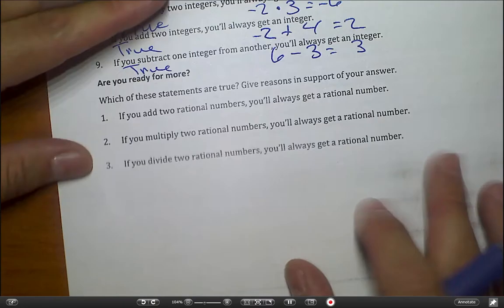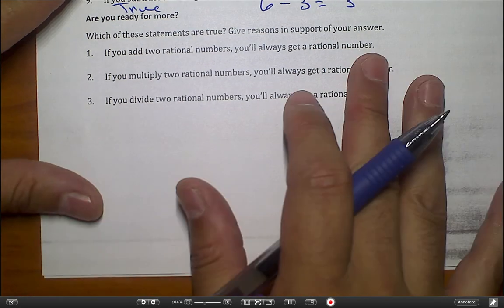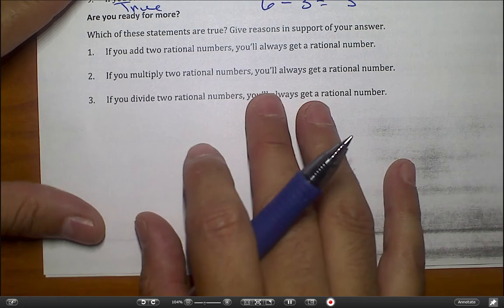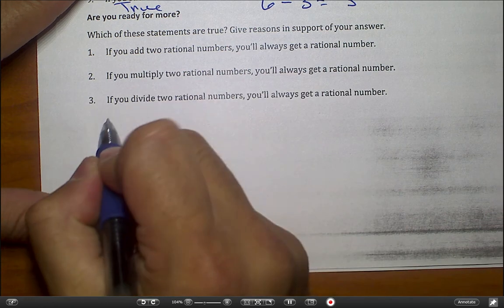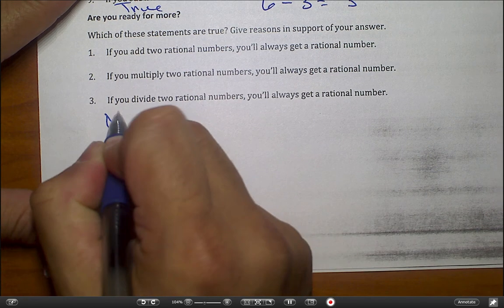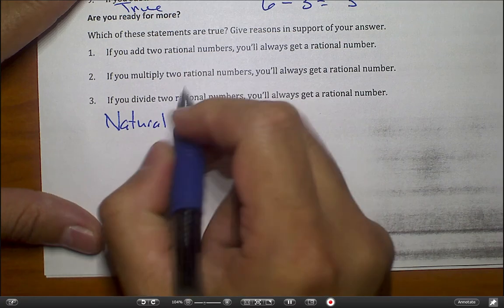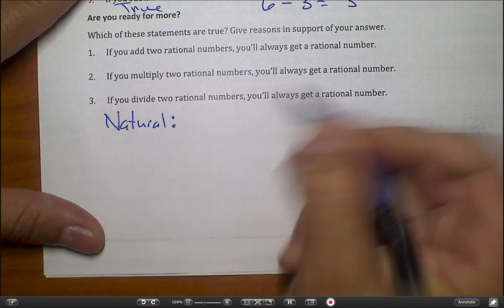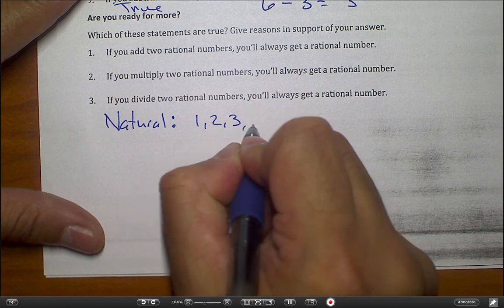Down here, I'm going to ignore all of this because this is a little bit more important. I'm going to start off with my natural numbers, which are numbers such as 1, 2, 3, and so on.